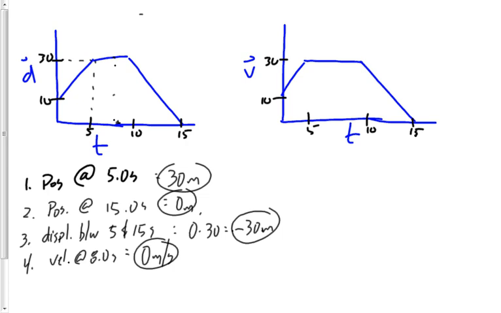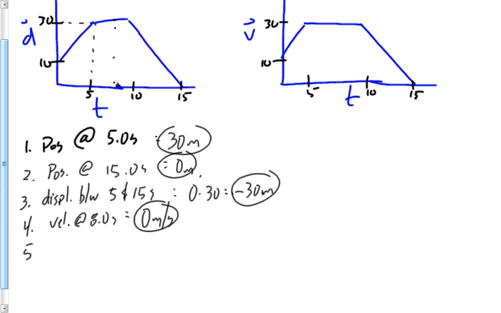I could ask you for the velocity at 3 seconds. That's a little bit trickier. Okay, we got to do a calculation for this one. The velocity at 3 seconds is going to be found by either taking the slope of that graph or using v is equal to delta d over delta t. Delta d would be 30 minus 10.